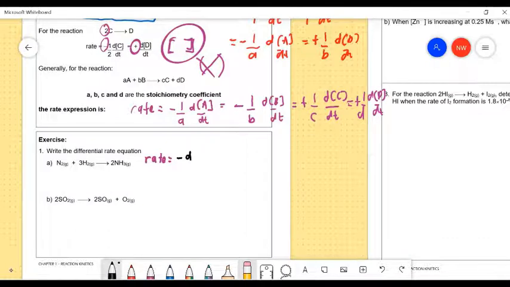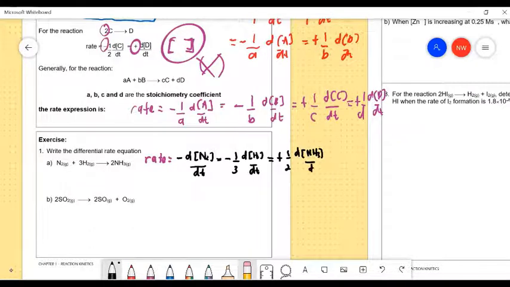Equal to negative d N2 over dt equal to negative 1 over 3 dH2 over dt equal to positive 1 over 2 dNH3 over dt. So, itu adalah differential equation bagi 1A.